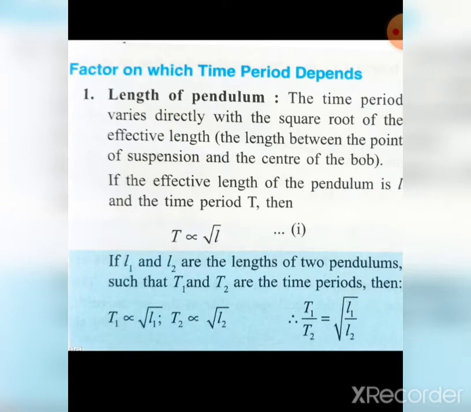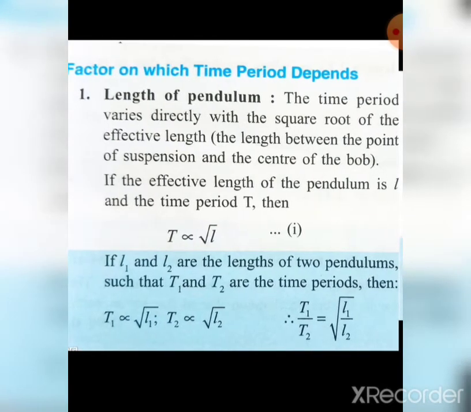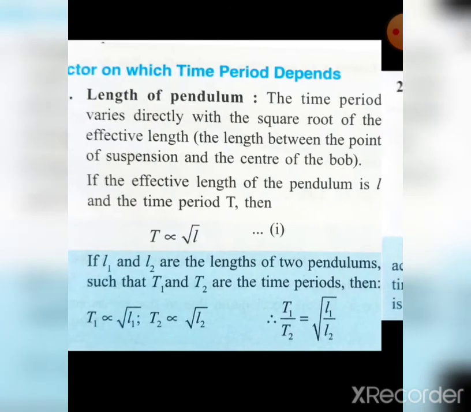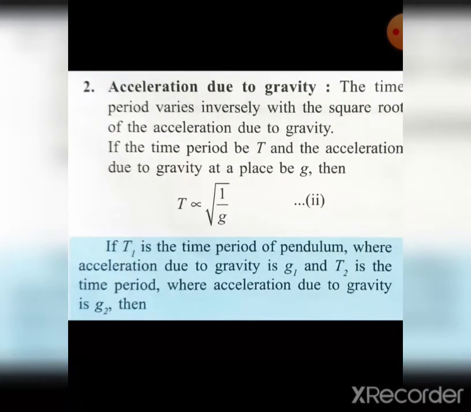If the effective length of the pendulum is L and the time period is T, then T is proportional to root L. If L1 and L2 are the lengths of two pendulums with time periods T1 and T2, then T1 is proportional to root L1 and T2 is proportional to root L2. In ratio form, T1 by T2 is equal to root of L1 by L2.